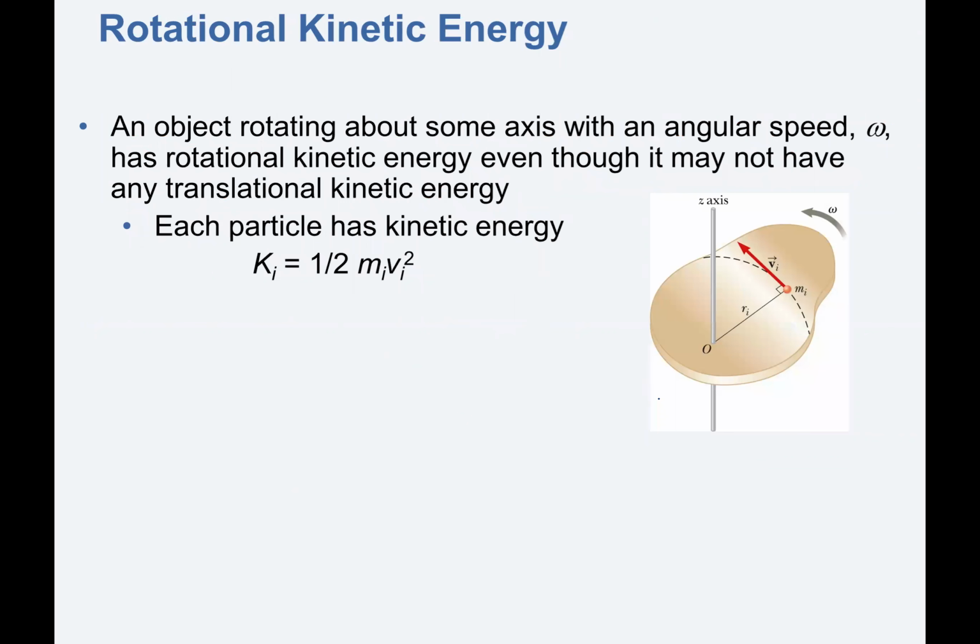Another important thing we can measure or calculate about the rotating object is the energy associated with the object. Remember, it's a rigid object rotating. If I consider one particle in that rotating object, it has a speed. It is moving around at some speed. That means I can calculate kinetic energy.